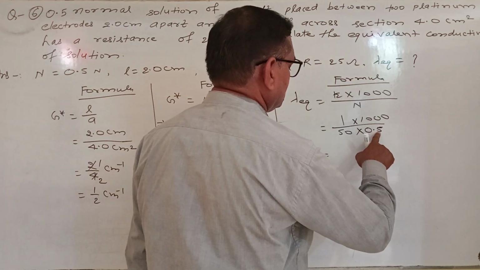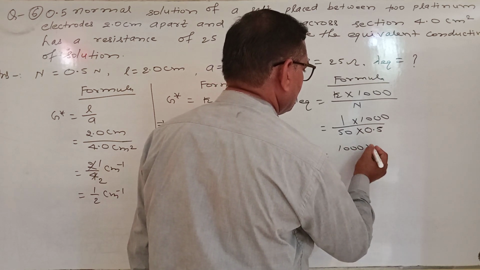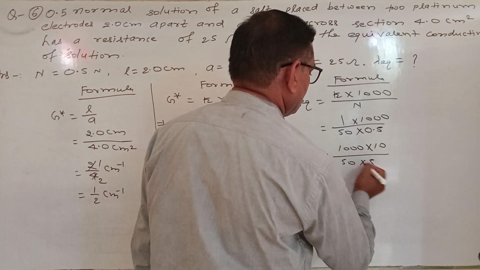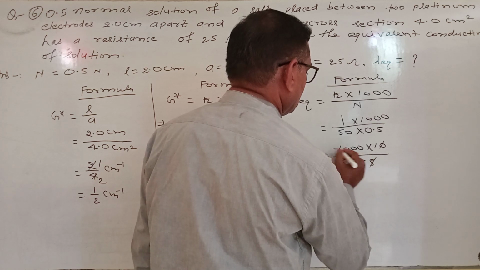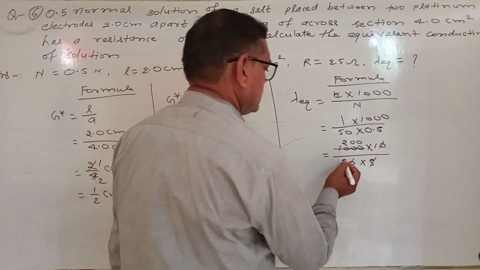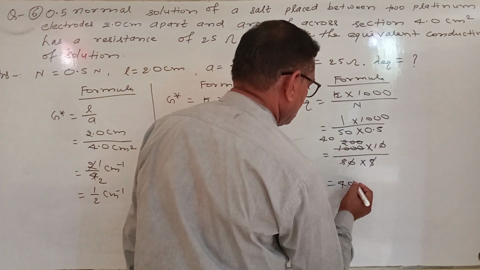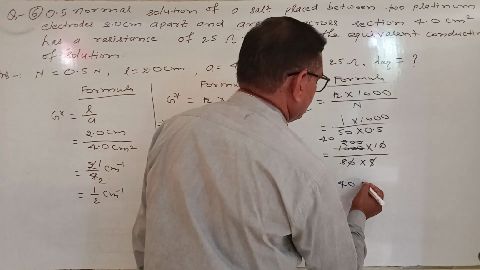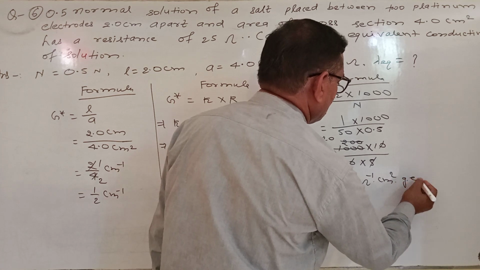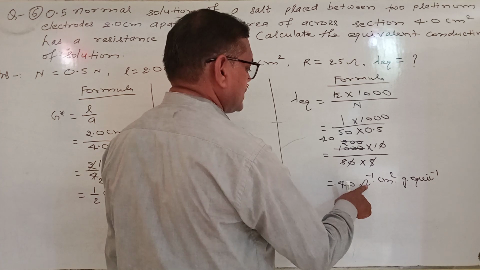One decimal point is present, right? We remove it, 1 zero upper. The answer will be 40 ohm inverse cm square gram equivalent inverse. Here we write Siemens.